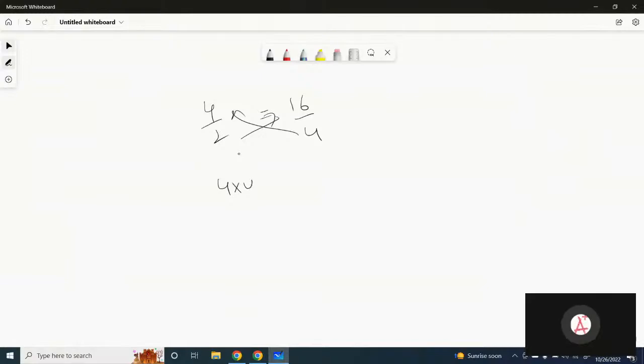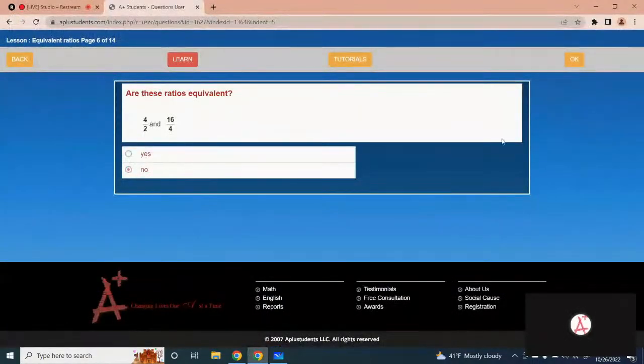So 4 times 4 equals 16 times 2. 4 times 4 is 16 and 16 times 2 is 32. Are they equal? No, that means 16 is not equal to 32, so they are not equivalent. Got it? The answer is no, they are not equivalent.